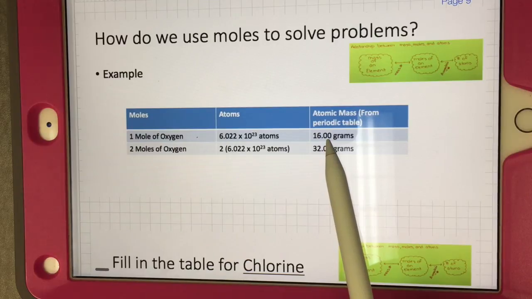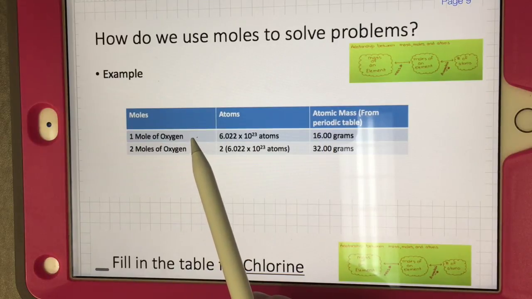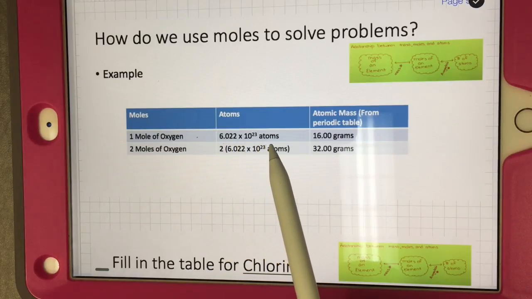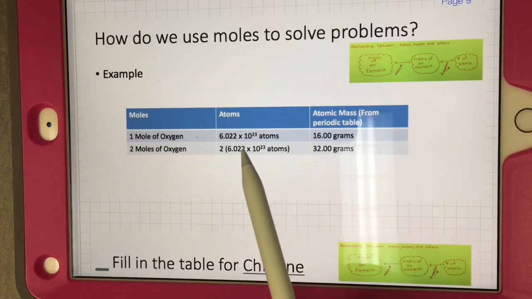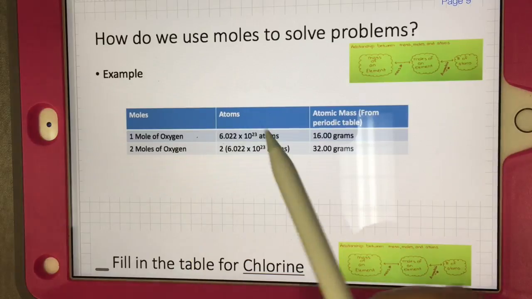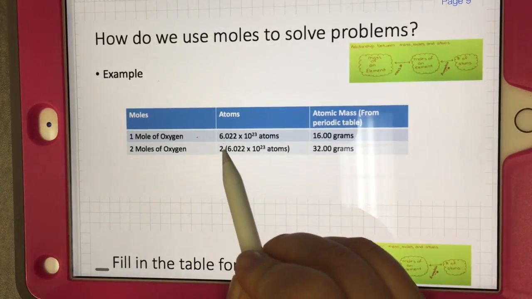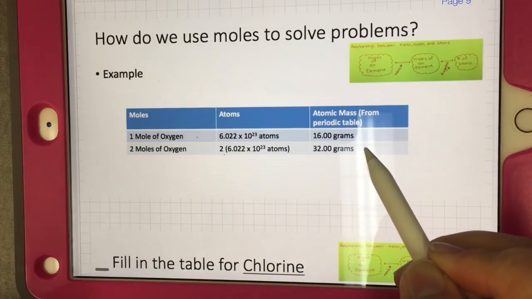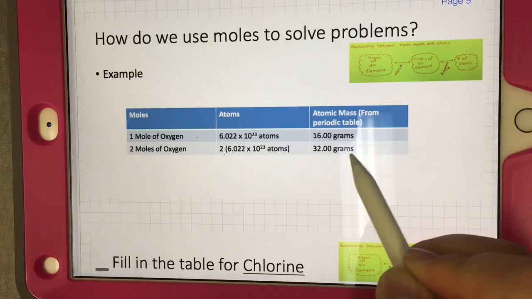And the conversion factor: 1 mole of oxygen is going to have 6.022 times 10 to the 23rd atoms. If we have 2 moles of oxygen, we multiply this number by 2 to get the number of atoms. And then, of course, we multiply the atomic mass by 2 to get 32 grams.